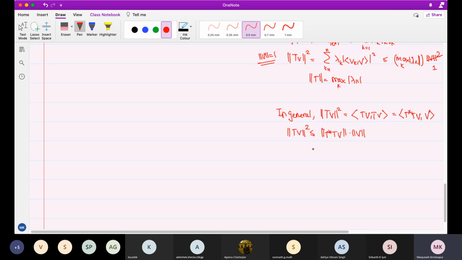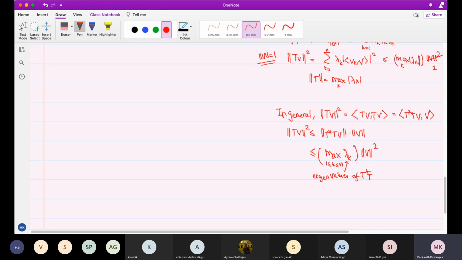So we can write this as less than or equal to the maximum of lambda k, where these are eigenvalues of T star T, times norm V, one norm V and another norm V. So we get norm V squared.